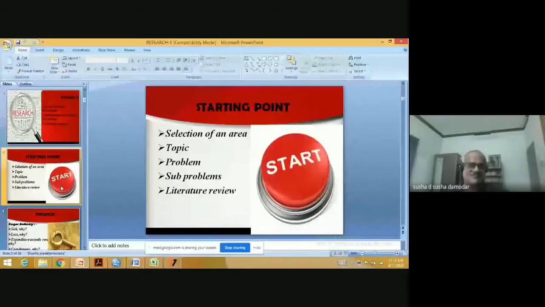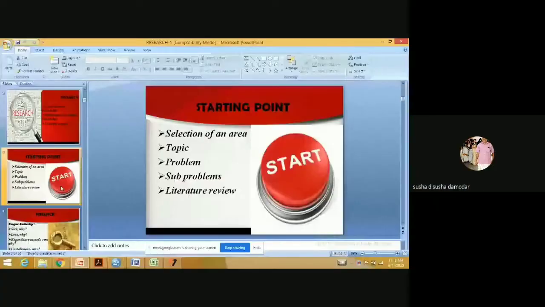So the starting point is selection of an area. From that area, the topic has to be selected. In that area, the researcher has to identify a reliable and valid problem for his research. From that problem, so many sub-problems have to be defined and identified. And for that purpose, there is literature review. So literature review is a very, very important point in research again.